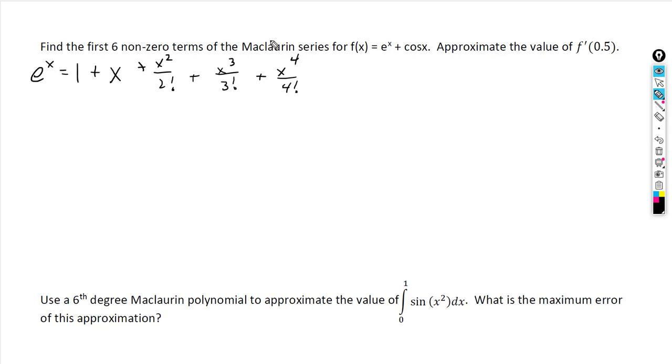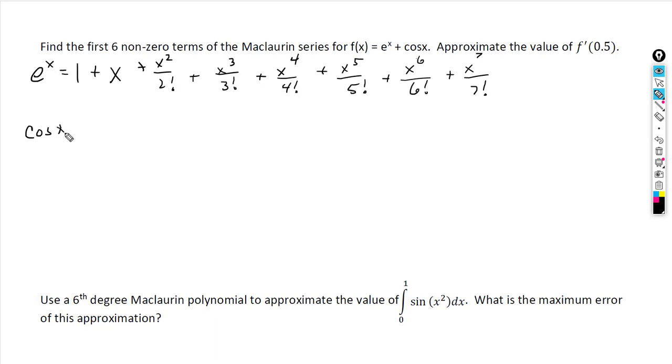I need 6 of them, so plus x to the 5 over 5 factorial, plus, now that's 6. I'm going to go a couple more. Again, it doesn't hurt to write a couple more because you might need it if stuff starts to cancel. So we'll go to 7. We might have to go to 8 or 9. I don't know. We're going to find out.